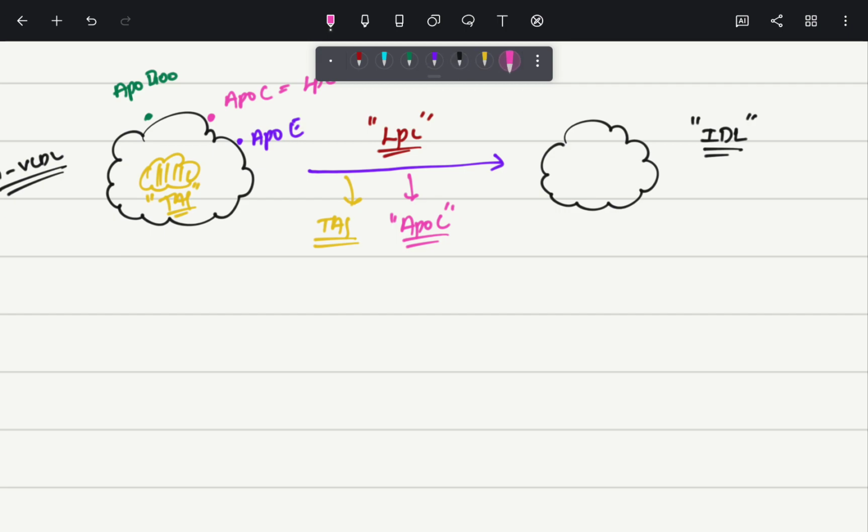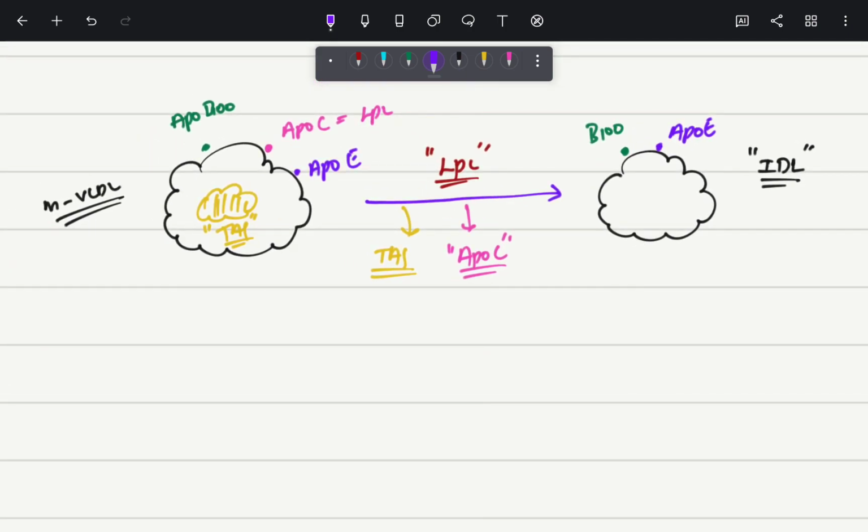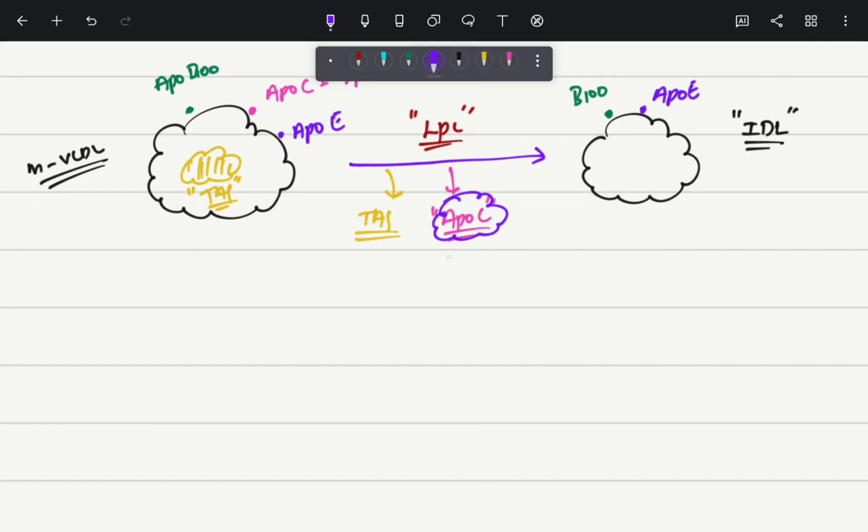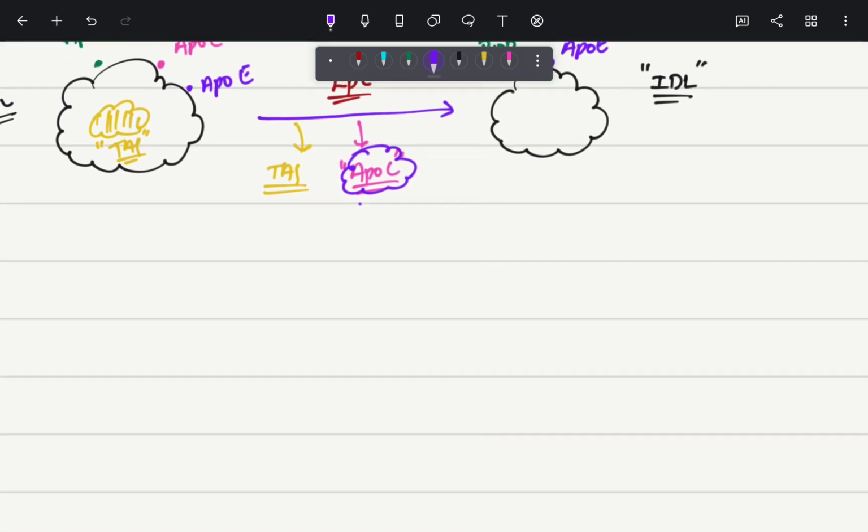As I already told you, this is going to have ApoB100, and not only that, it is going to have apoprotein E. The apoprotein C will get ejected by the lipoprotein lipase enzyme, and this apoprotein C will go and stick to the HDL which donated the apoprotein C and E. But I am not going to mention this one here, so it will be easy for us.